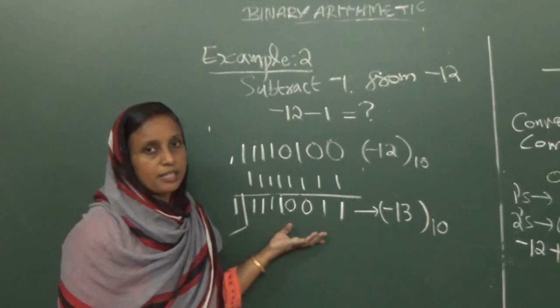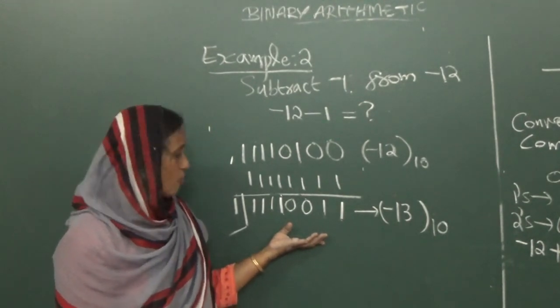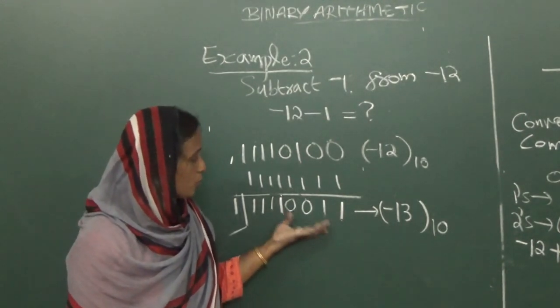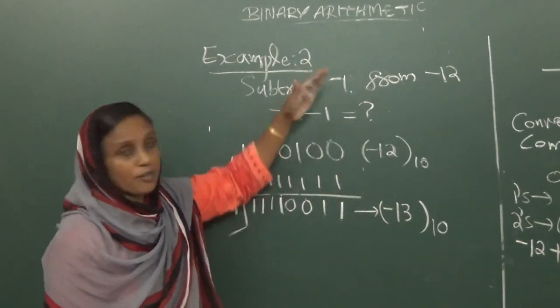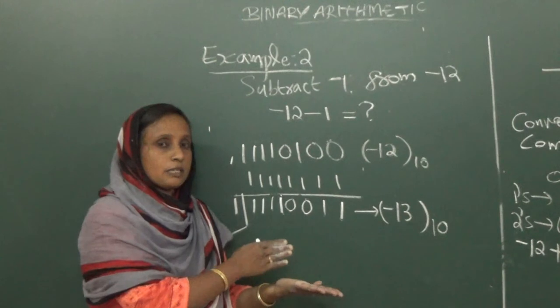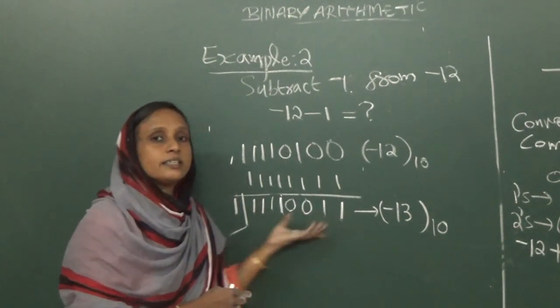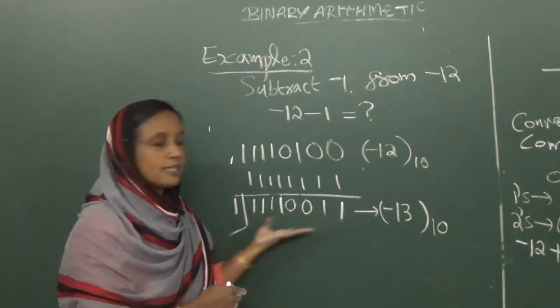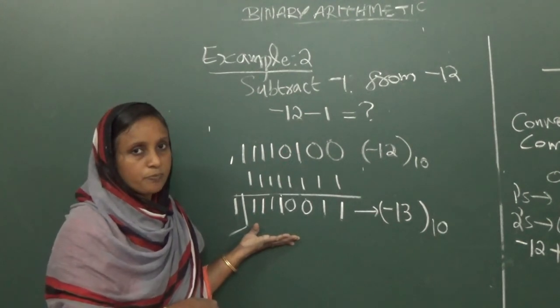For that you have to do all these operations, how we convert 12 to minus 12, all these procedures in reverse order. Then you can verify that this is equivalent to minus 13 in the decimal system.